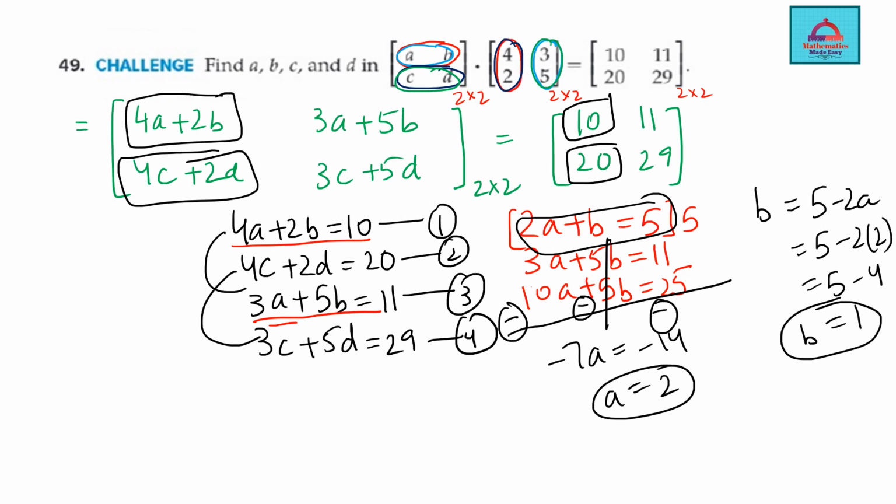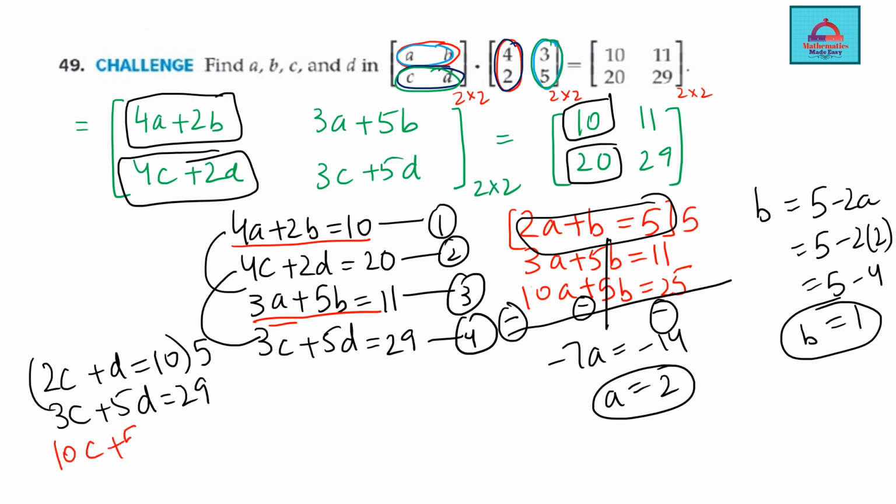Now let's do similarly elimination here. So I'm going to divide this whole equation by 2 and you get 2C plus D is 10 and 3C plus 5D is equal to 29. So again, this equation gets multiplied with 5 to give you 10C plus 5D is equal to 50. Now, again, we are going to do the same process of elimination.